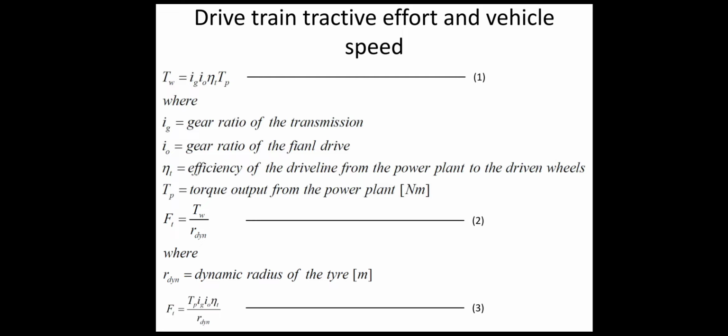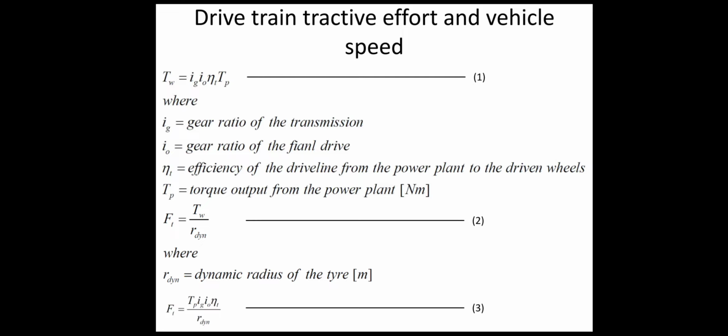What is Ig? Ig is the gear ratio of the transmission. Io is the gear ratio of the final drive, that is the output. ηt is the efficiency of the drive line from the power plant to the driven wheels, and Tp is the torque output from the power plant, in Newton meter.